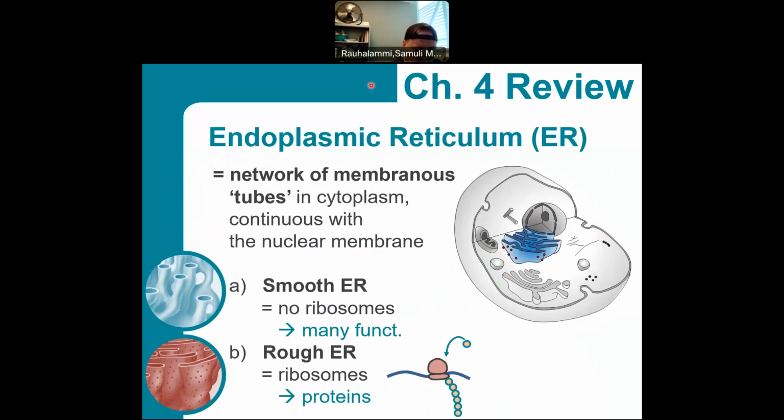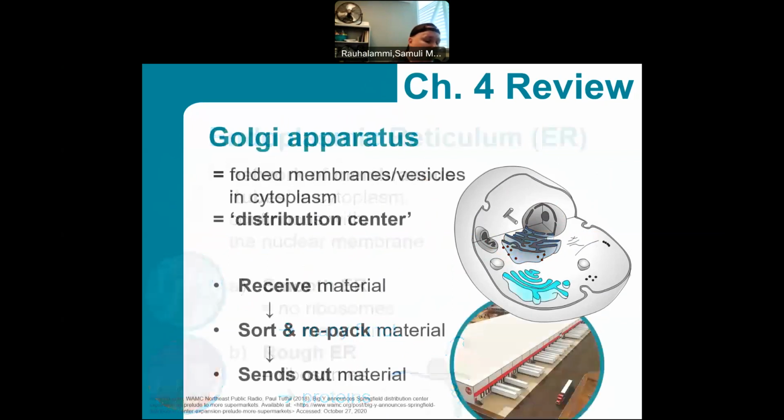Another structure that I wanted to mention in terms of the cell and cell structures is the Golgi apparatus. This is kind of like a stack of folded membranes, if you wish to describe it as such. And I often describe them to my students almost as if they were like a distribution center of a cell.